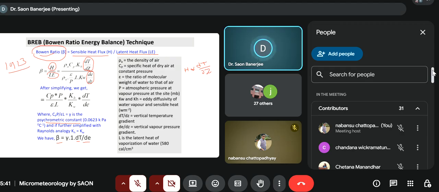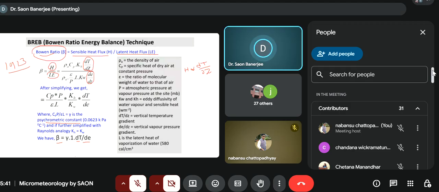So if we know the change of temperature and change of vapor pressure, we can know the Bowen ratio.